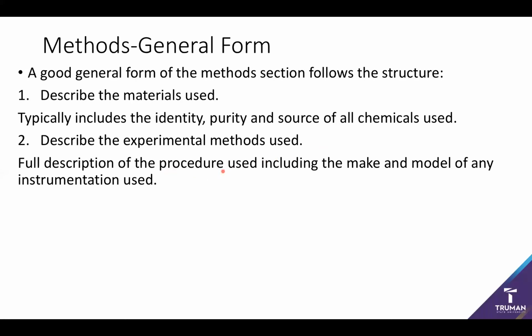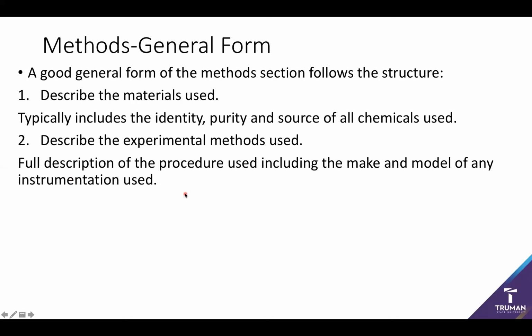And so one of the important things to make sure you include along with the experimental methods and procedure is, when you're dealing with equipment, make sure you give the exact make and model of any instrumentation, because just like source and purity of a chemical can make a difference, the exact model of, say, a UV-vis spectrometer may indeed make a difference. If nothing else, if somebody wants to know the exact accuracy or precision of a piece of equipment you're using, they can essentially look it up online.